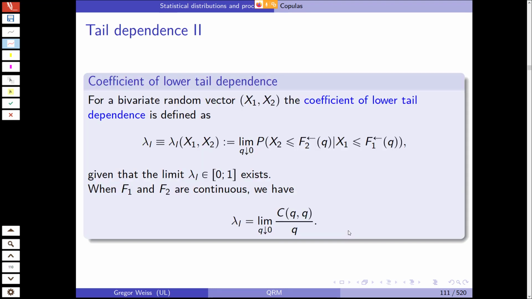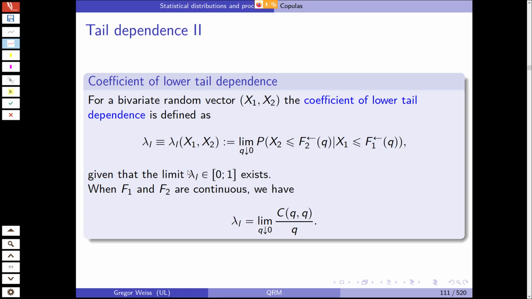More formally, we define the coefficient of lower tail dependence for a random vector x1 and x2 by the following formula. It's the limit, as q, which is a quantile, goes to 0, of the probability that x2 is smaller or equal to the generalized inverse of F2 at q, given that x1 is also below or equal to the generalized inverse of F1 at q.